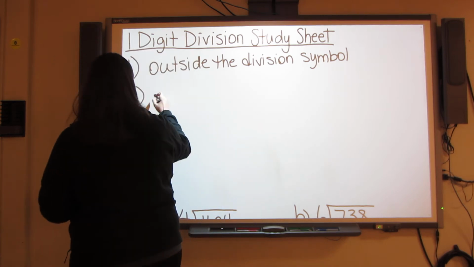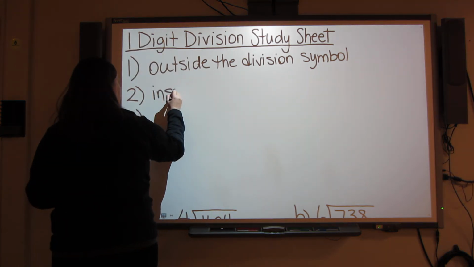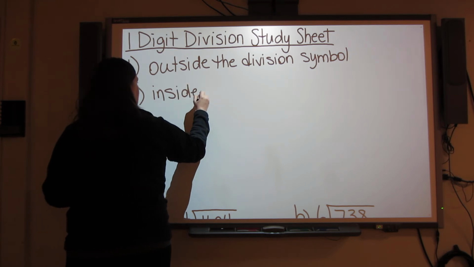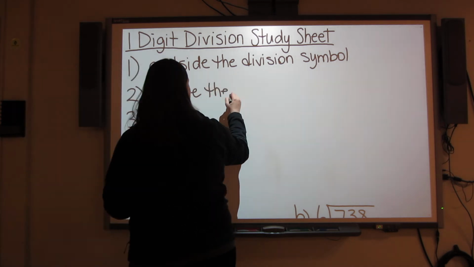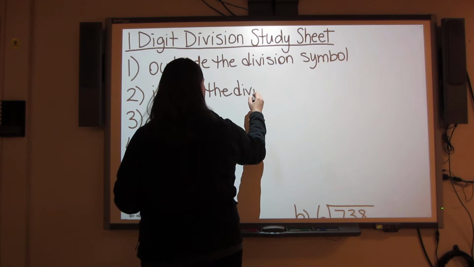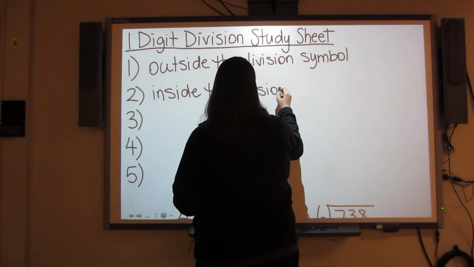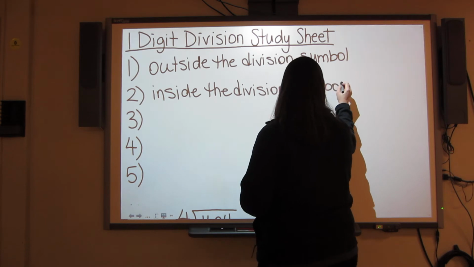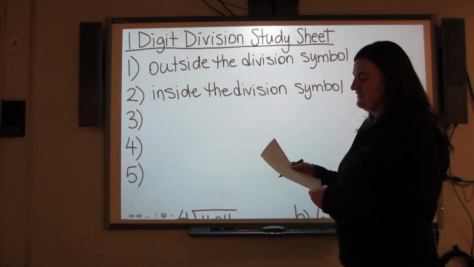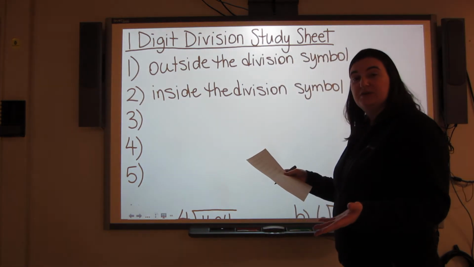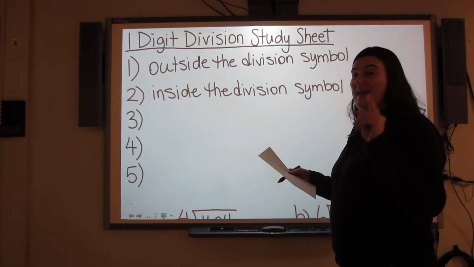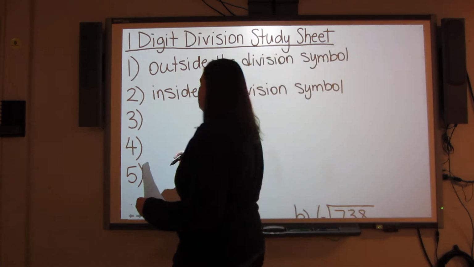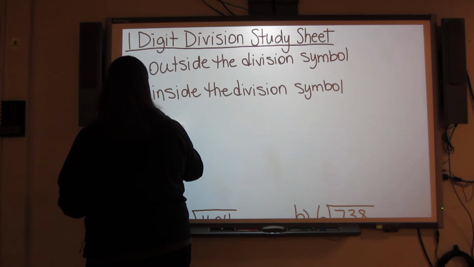The dividend is the one that goes on the inside. Number 3, where do you put the quotient? Remember, the quotient's the answer. And that's the one that goes on top.